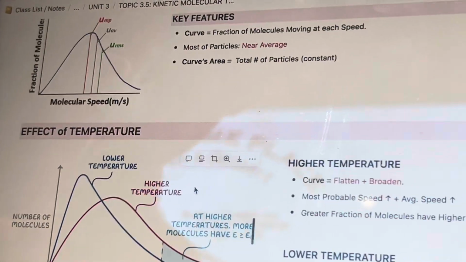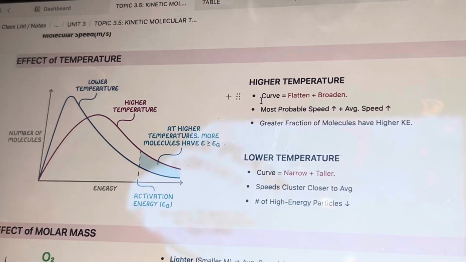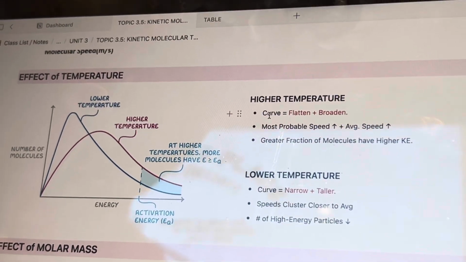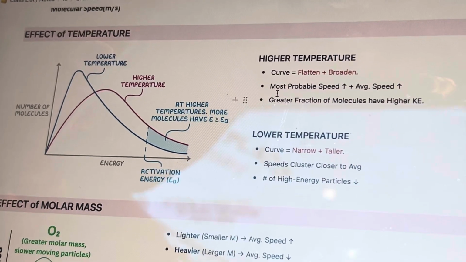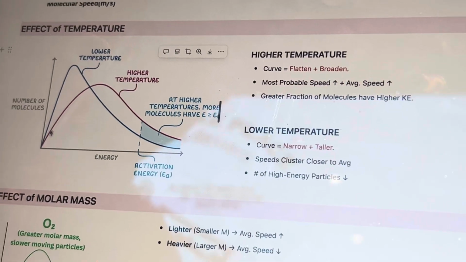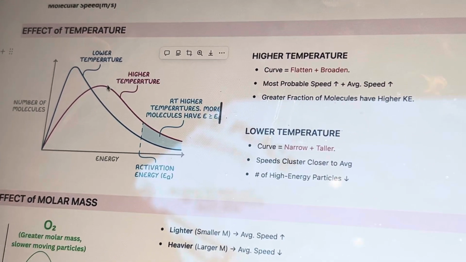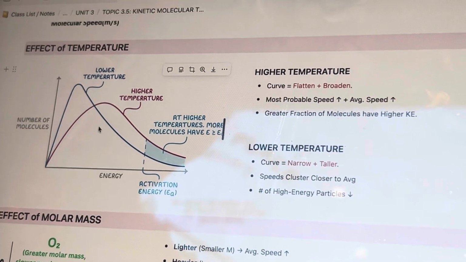And the effect of temperature. Higher temperature means the curve is more flattened and more broadened. The most probable speed increases and the average speed also increases. So here, at high temperature, the energy or speed is more skewed to the right side than at the lower temperature.